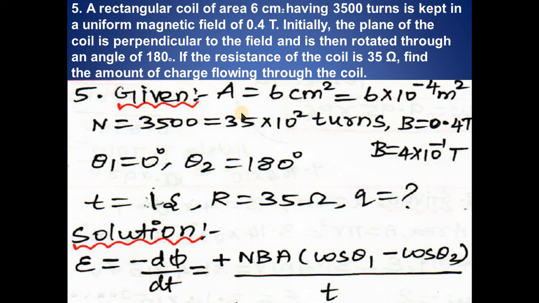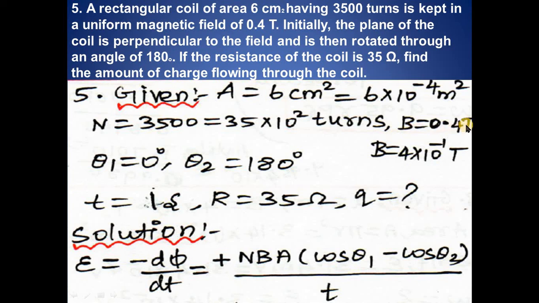Given data: A is equal to 6 cm square, which can be written as 6 into 10 power minus 4 meter square. Then n is equal to 3500. This 3500 term can be written as 35 into 10 power square turns.